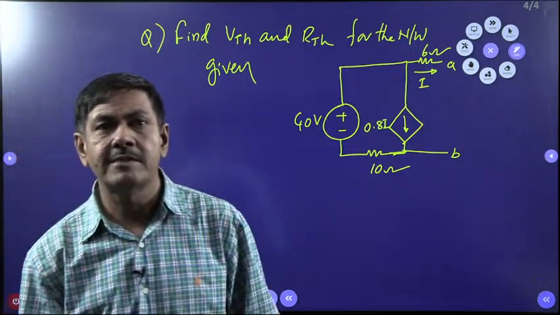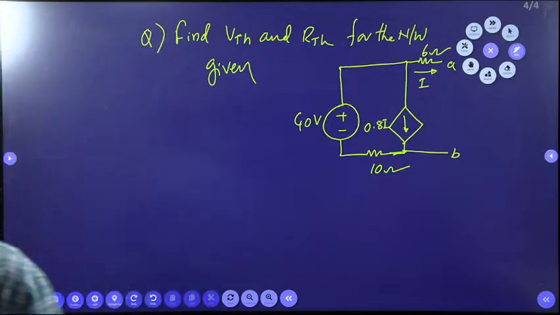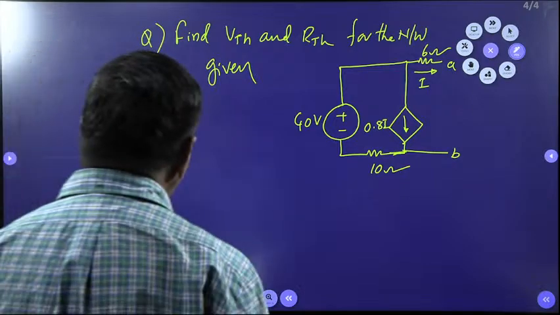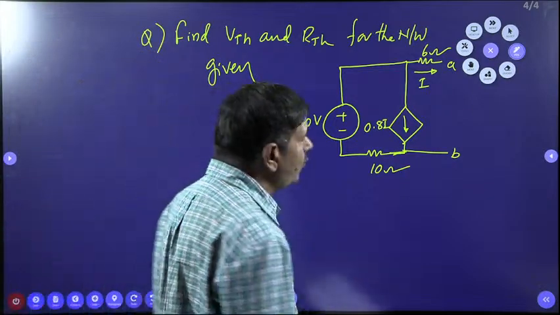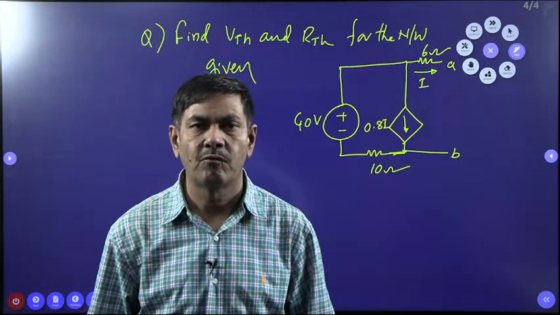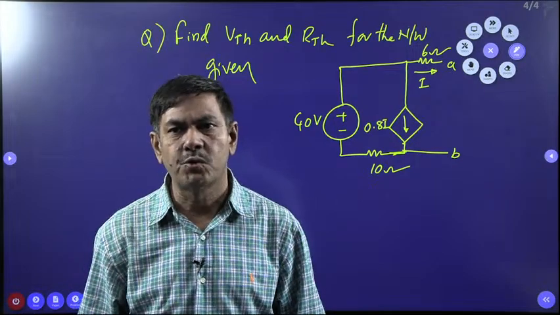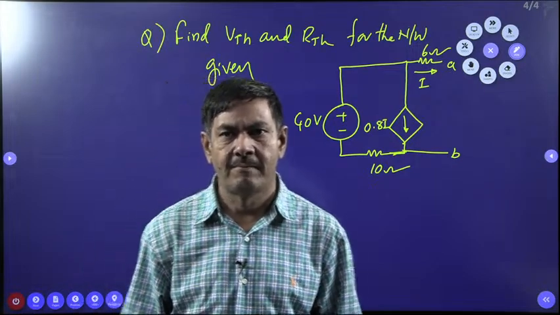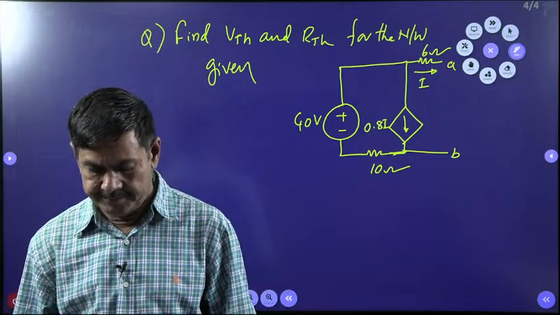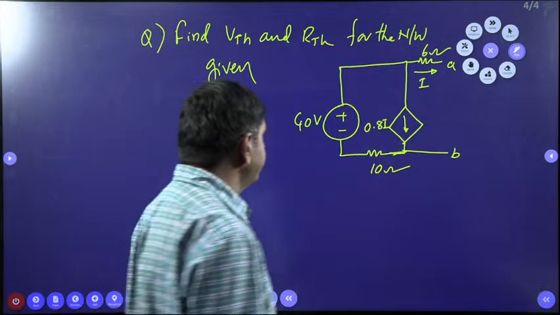Initially you find what is VTH here. Please find VTH from the given problem. VTH is nothing but the open circuit voltage across AB, I said. That voltage you determine at first. Can you get it? It's a very simple VTH here.